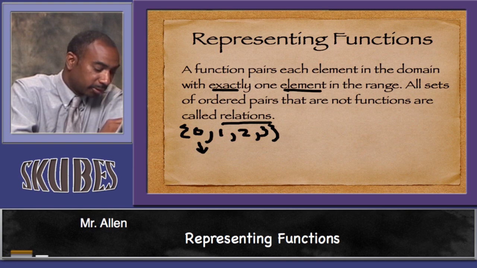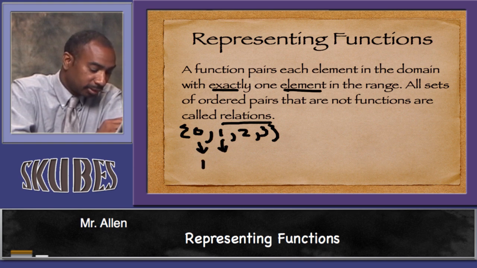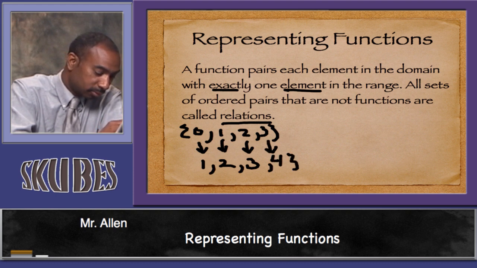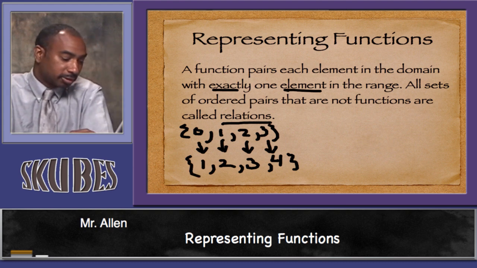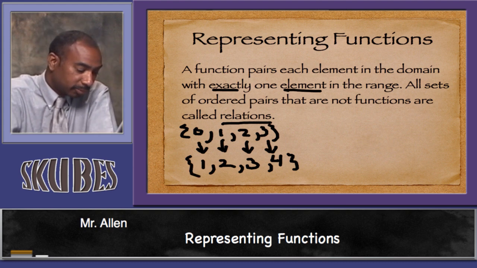When I plugged in 0, I got 1. When I plugged in 1, it outputted 2. I plugged in 2, I got 3. I plugged in 3, I got 4. So each of these elements is paired to a unique element in the other set.